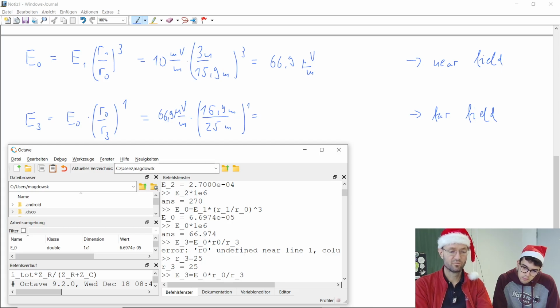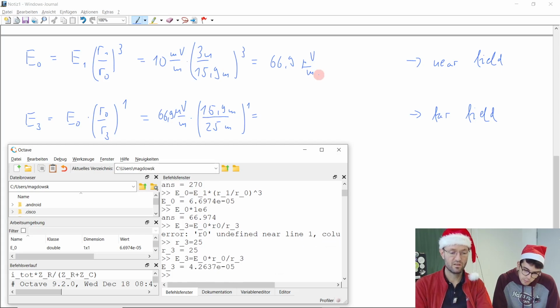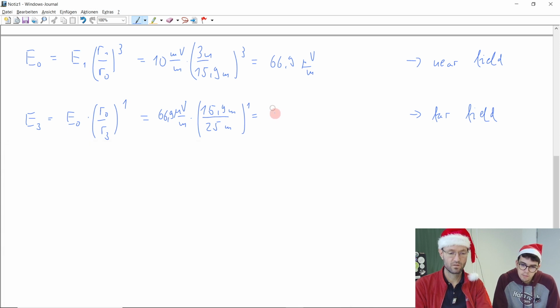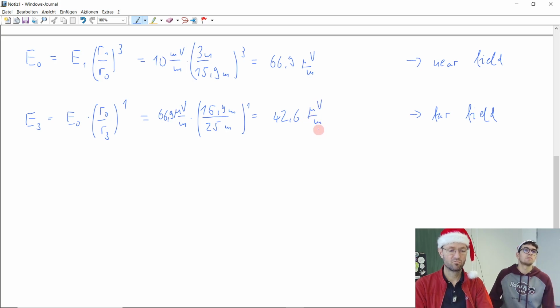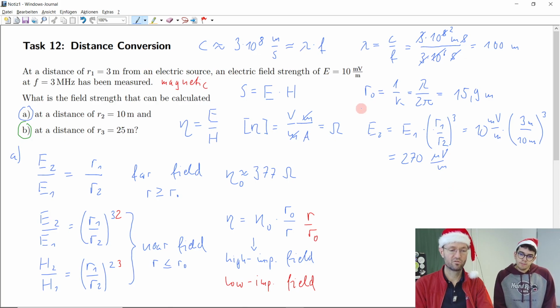And so it should get smaller, of course, now. And so we get 32.6 microvolts per meter. And this is the electric field strength at 25 meter distance. And so, yeah, this is the full solution, including some explanation of what happens here in the background for this distance conversion task.